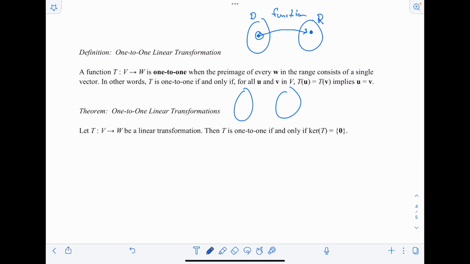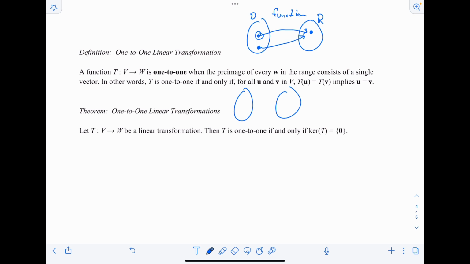If you think about it graphically, you might remember the vertical line test: if you draw a vertical line through a graph and it hits the graph more than once, it's not a function because one x value is mapping to more than one y value. So to be a function, this has to be true. Now, you can have two different values in your domain mapping to the same value in the range.